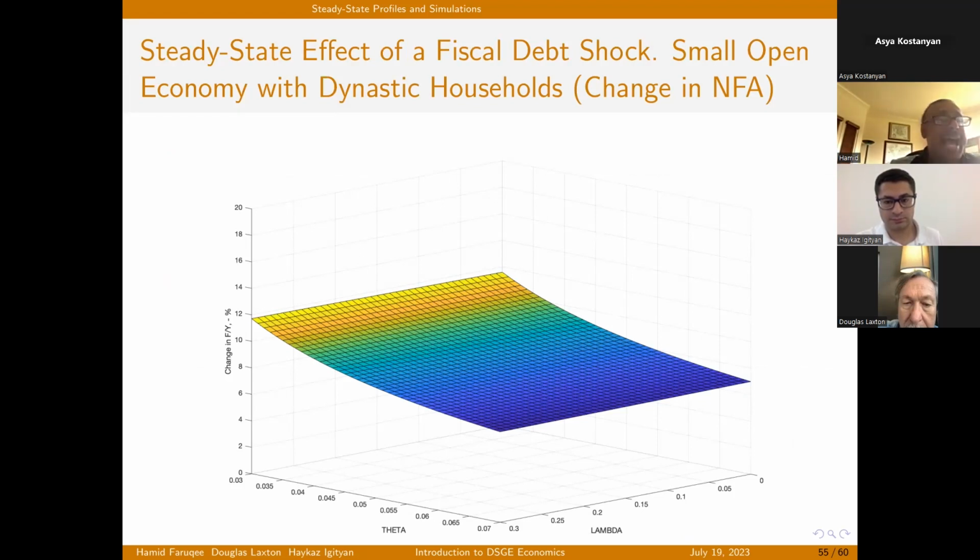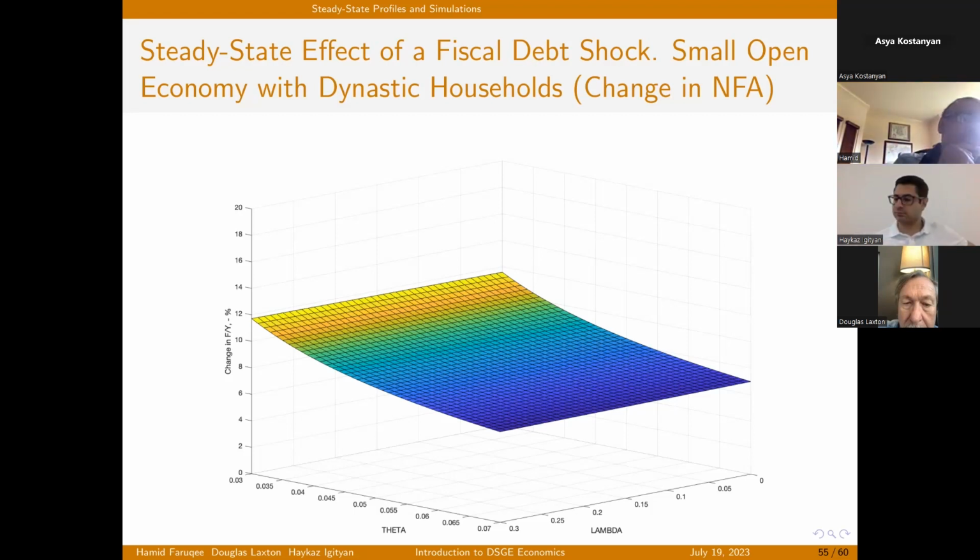And you can see, actually, it's interesting, you actually get a fairly sizable impact on NFA. Even in the case with dynastic households, with higher public debt, you have more public dis-saving. That tends to push down national savings, and actually has a fairly large impact then on the amount that this small open economy would borrow and how much the decline in NFA is here.